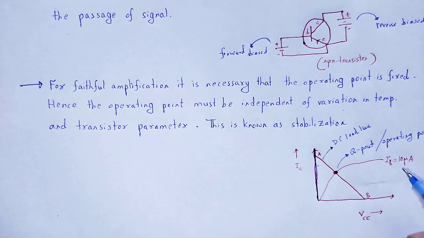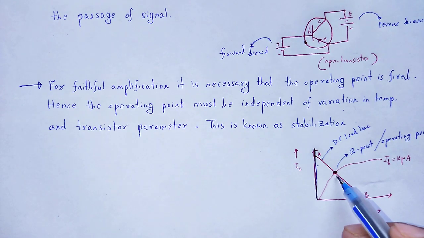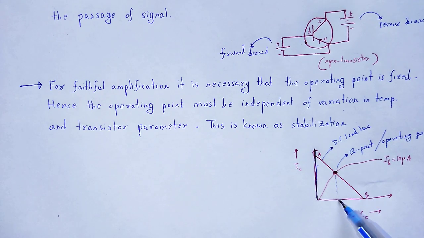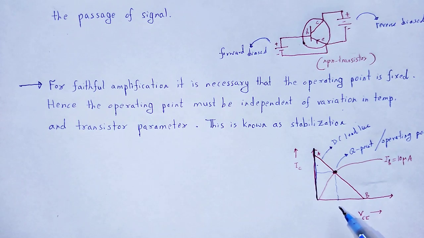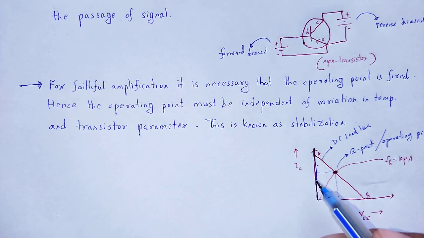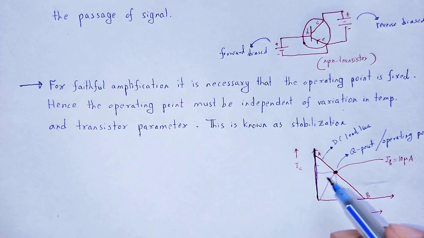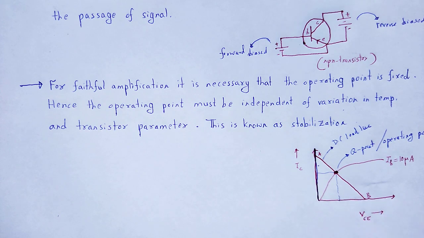That Q point is fixed for a properly biased transistor. If that Q point is fixed, then by analyzing that Q point, we can find out what the collector current is at a particular collector emitter voltage.